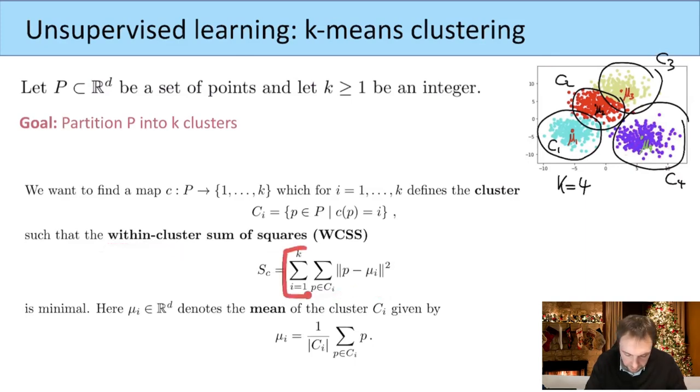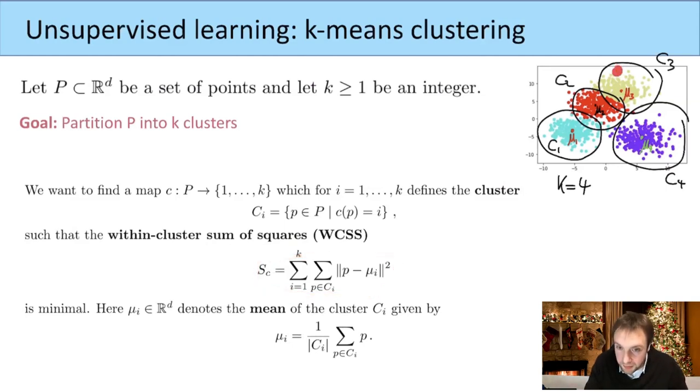We go through all clusters, and in each cluster, we sum up all the differences of these points to the corresponding mean, and we take the norm of the difference and square it. So that's why it is the sum of squares. And this is what we want to minimize.